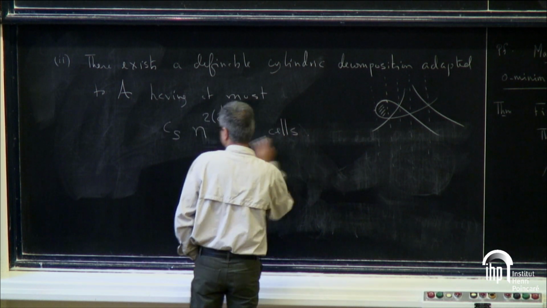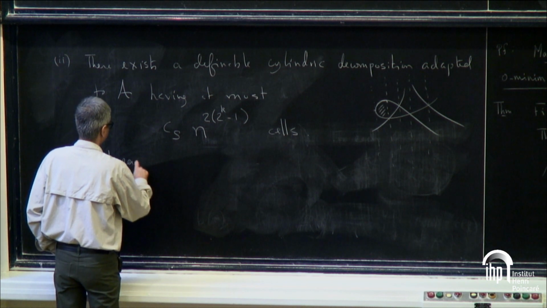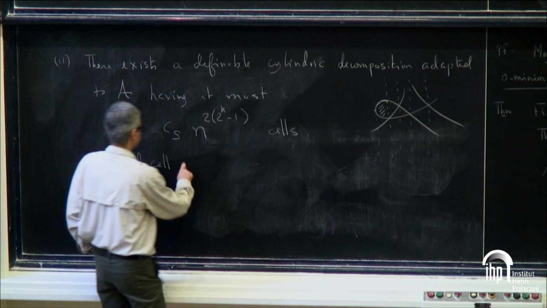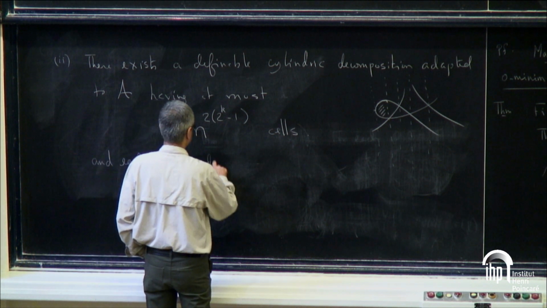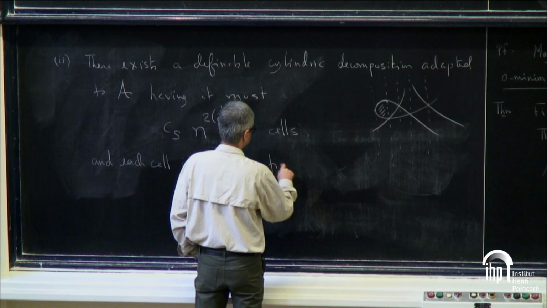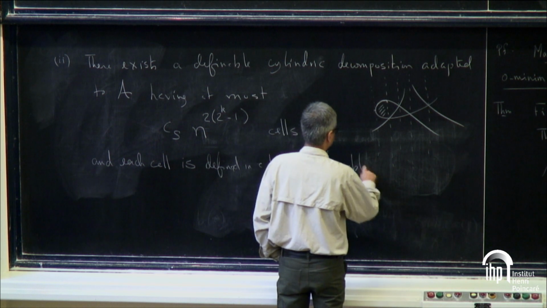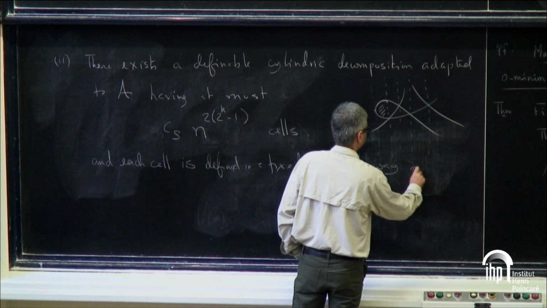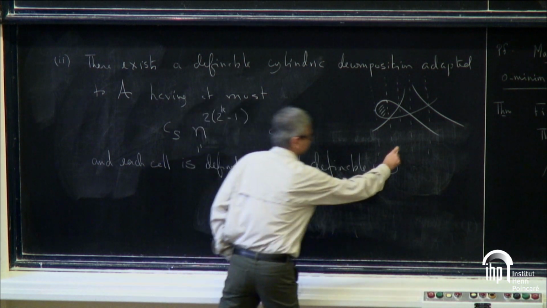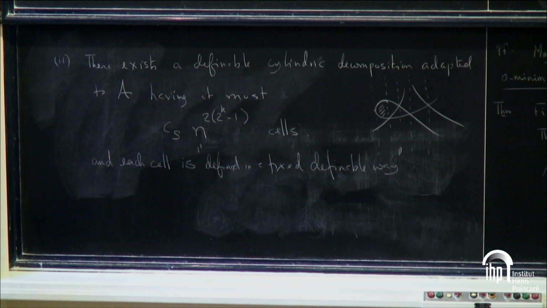But what is more important is that each cell is defined in a fixed definable way. Well, this is not precise, but I guess let me leave it like that.